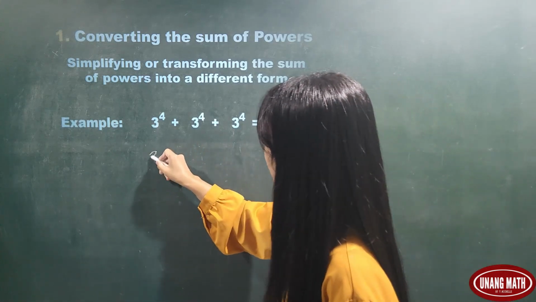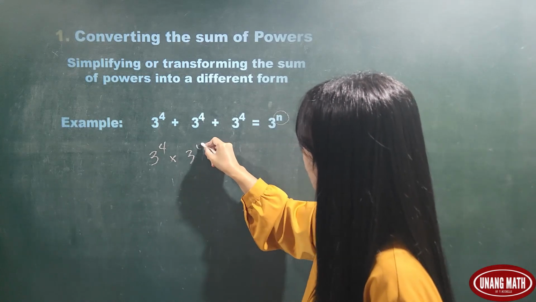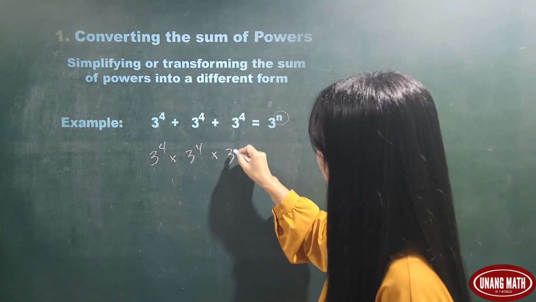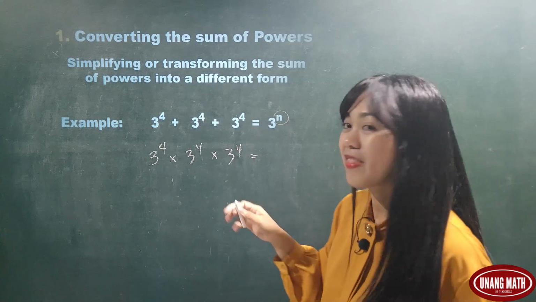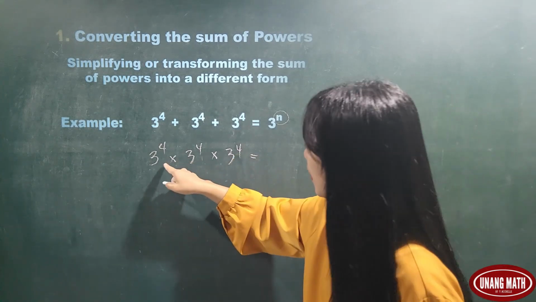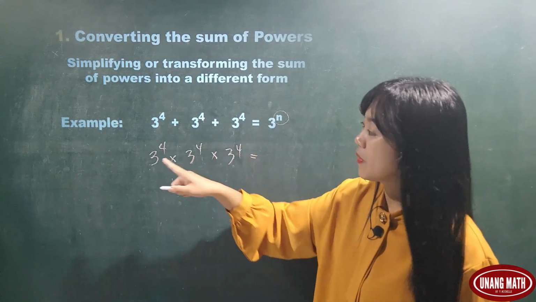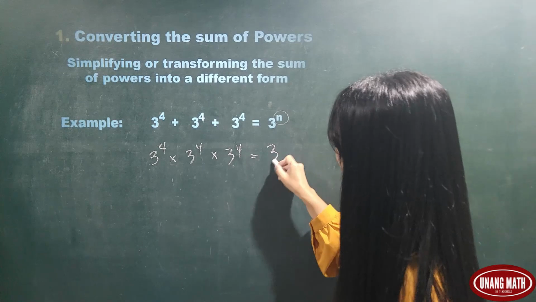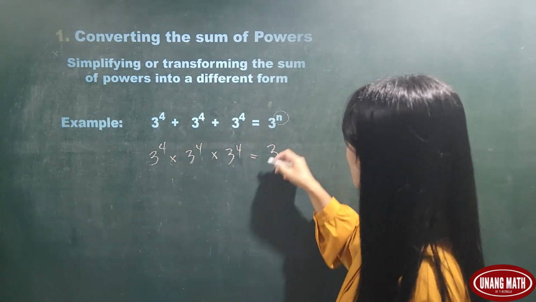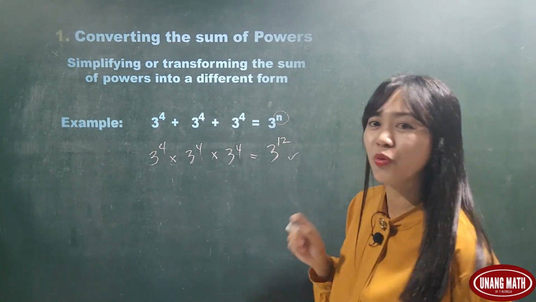If the given is 3 raised to the power of 4 times 3 raised to the power of 4 times 3 raised to the power of 4, then, based from our topic about the exponent rule, since this is multiplication and same bases, we will just copy the base, then we will add the exponents. So the exponent is 12. So this is equal to 3 raised to the power of 12.